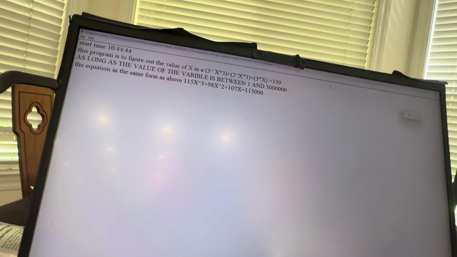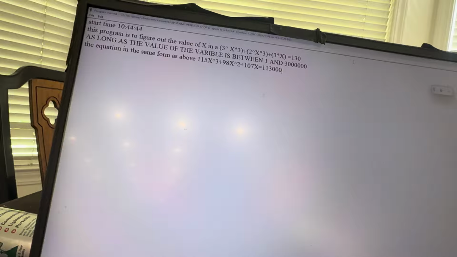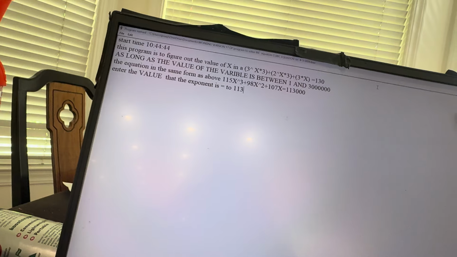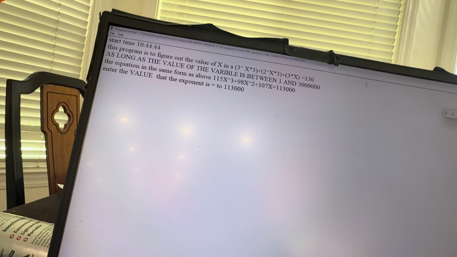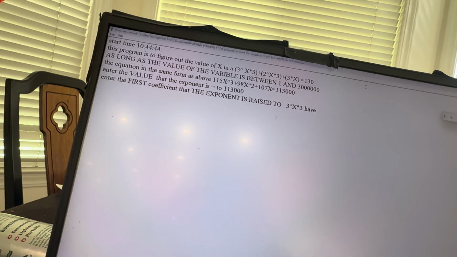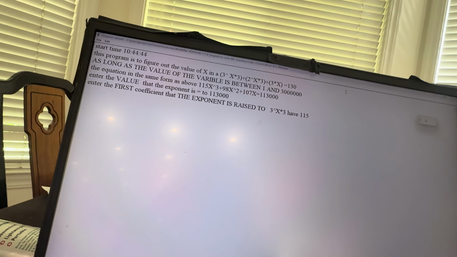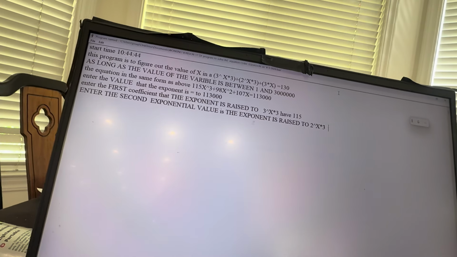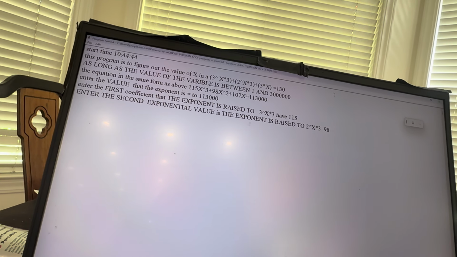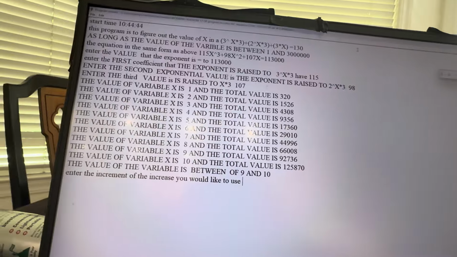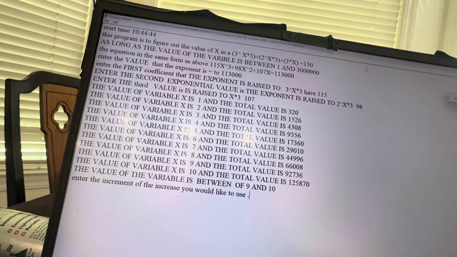So that's 113,000 is the coefficient value. 115 is the third, 98 to the second, 107. Okay, so it's between 9 and 10. The increment is 0.001.